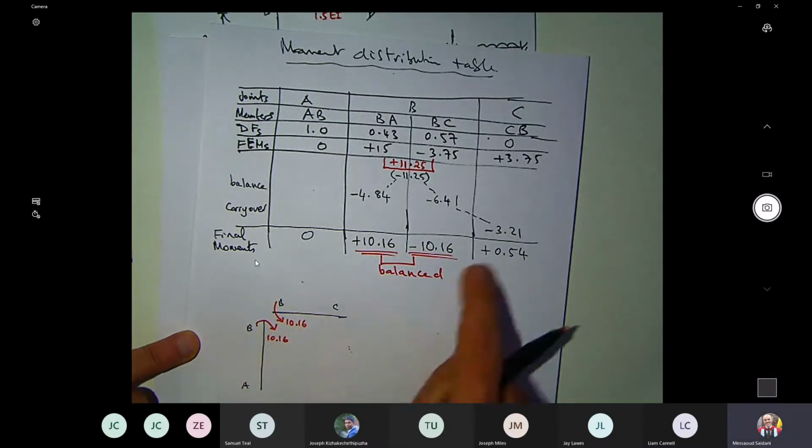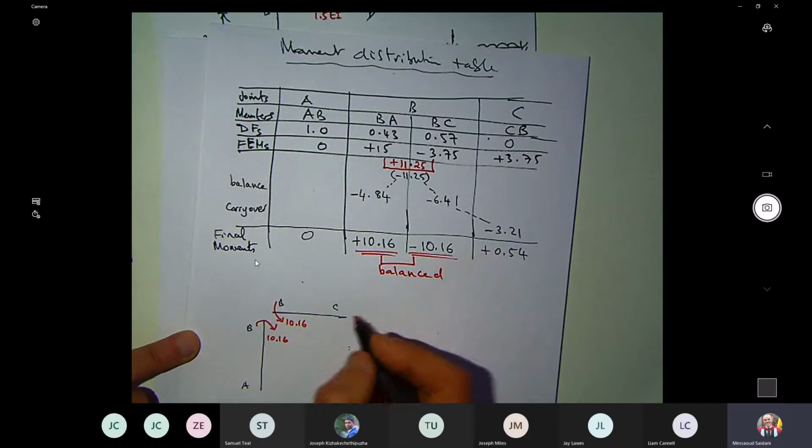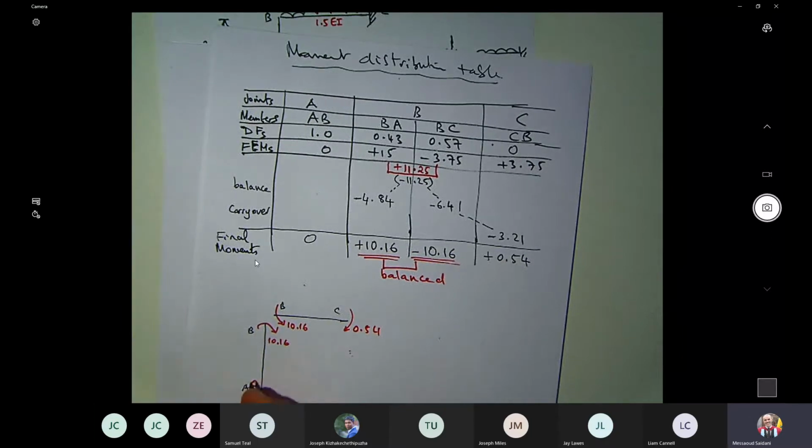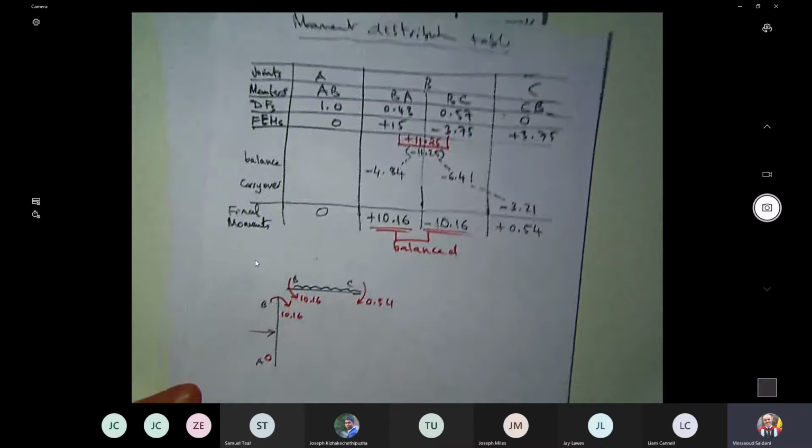And finally at C, we have clockwise 0.54. And we've got 0 there. But don't forget, we have a point load here on AB, and we have UDL on BC.